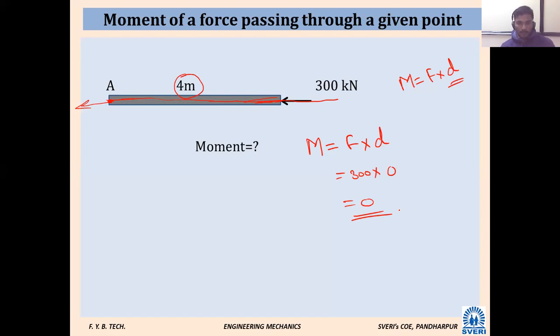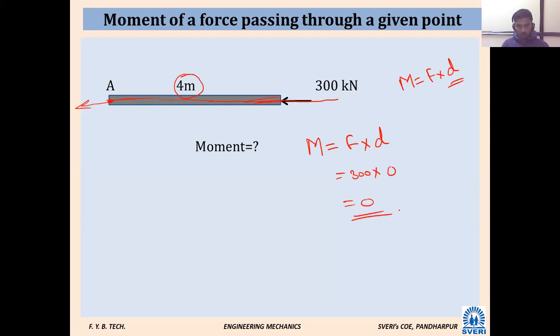Getting? Yes, sir. If line of action of force is passing through a desired point, what do we call a desired point? The point where we want to calculate the moment, we call it the desired point. If line of action of force passes through a desired point, then moment at that point will be 0. Are you getting?